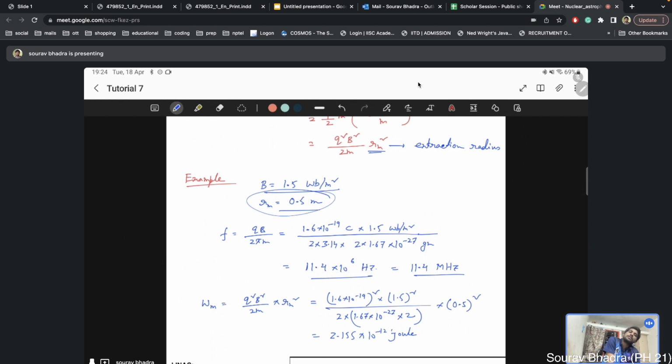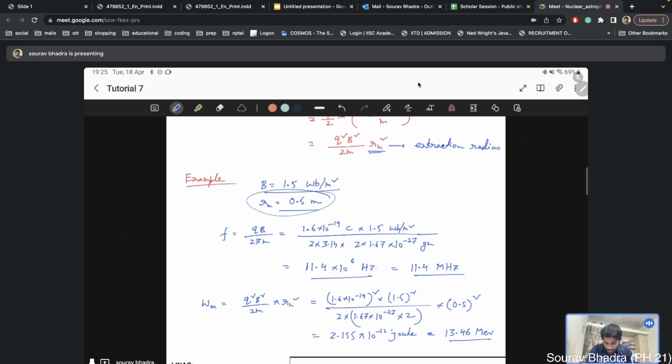In particle accelerators, we generally express our energy in terms of electron volt units. That is the general unit used in the everyday life of accelerator people, not you and me. So it is generally written as electron volt: mega electron volt, giga electron volt, whatever.